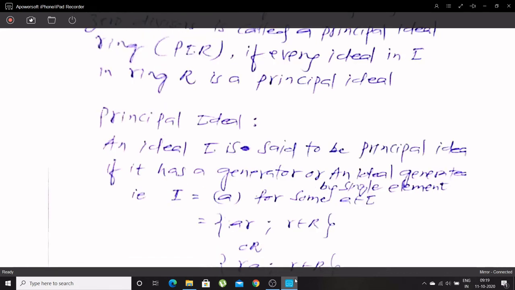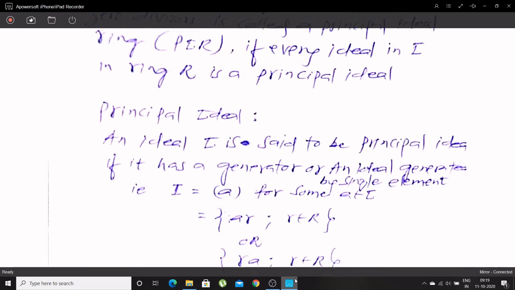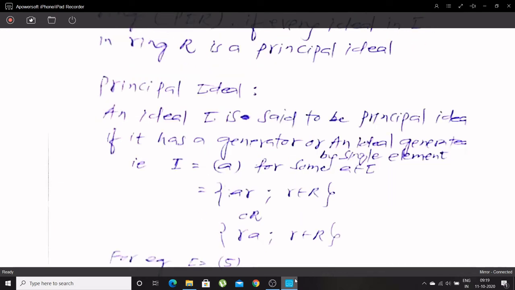Generator means any ideal generated by a single element. For example, whenever I use the word generator, I will put this A inside the bracket. That means the set containing the multiples of A, that is AR, or we may take it as RA.